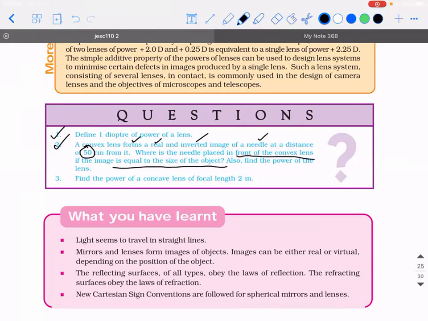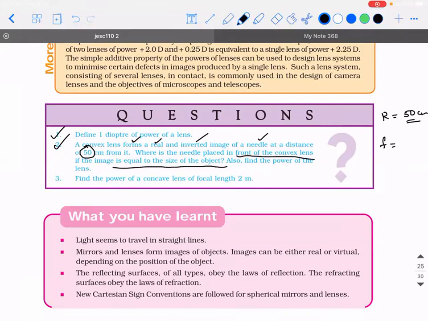If you look at all the ray diagrams, which ray diagram tells you that the image and the object are at the same distance? When the object is placed at the center of curvature. Very good. So what should be the distance? The distance should be the radius of curvature. Distance from optical center to the center of curvature is the radius of curvature, right?